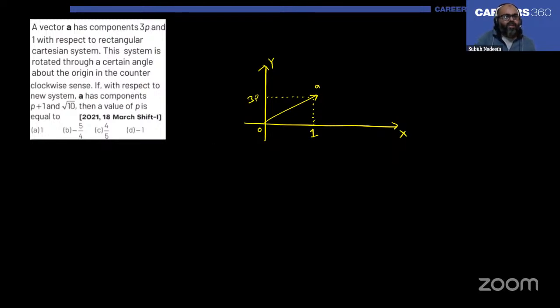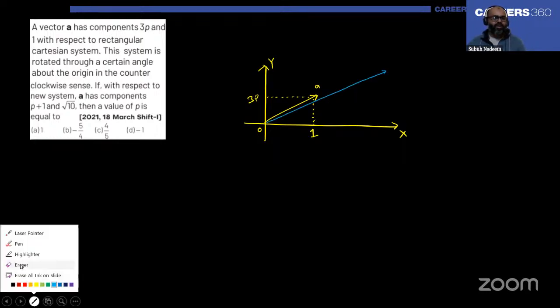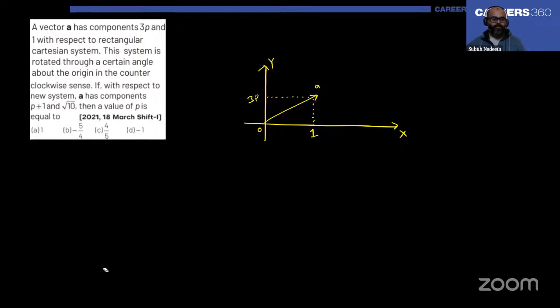Now it is saying the system is rotated through a certain angle about the origin in the counterclockwise sense. So this system is rotated at some angle. Let us take it like this. This is the new x-axis, x dash. This is the new y-axis, y dash.